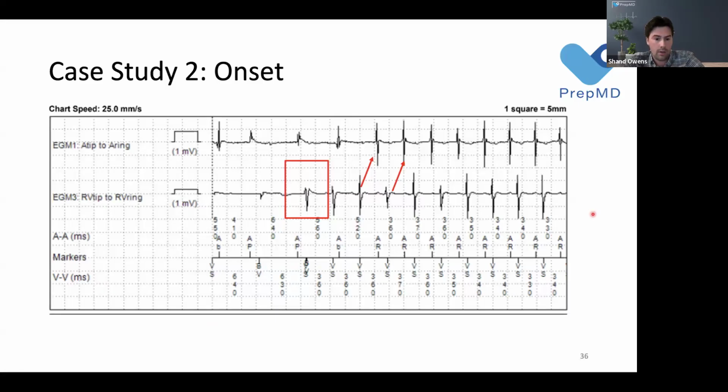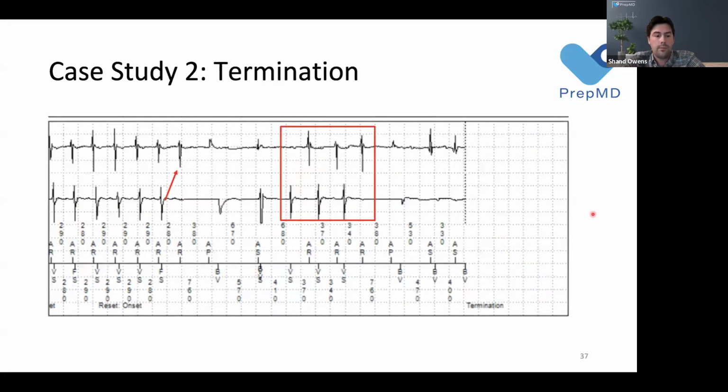And then if you look at the termination, next slide, it ends with a V to A. So if we see a tachycardia that ends V to A, again, that ventricle is driving it. VT with retrograde conduction. So based on the onset and termination, we can confidently say this is VT.